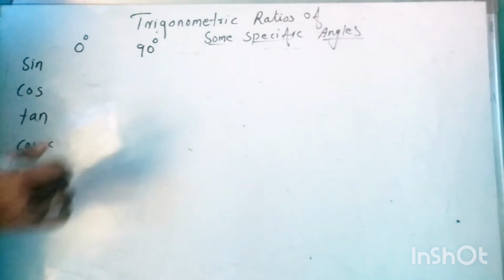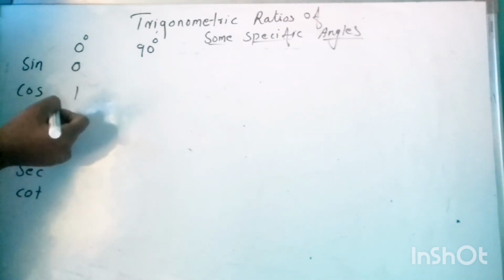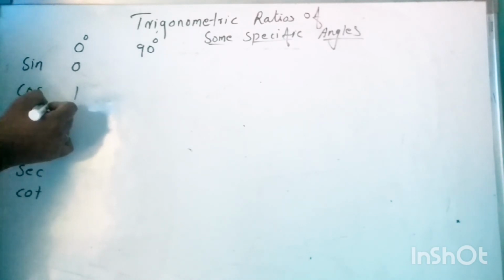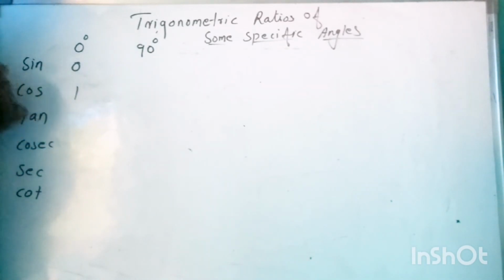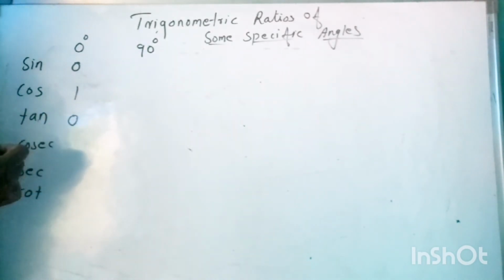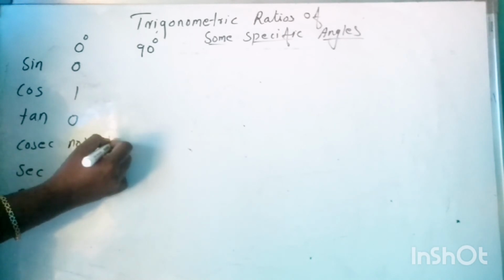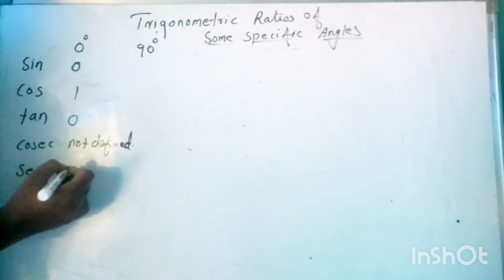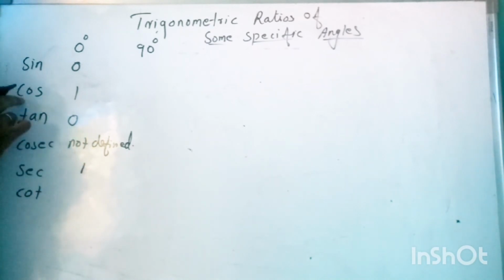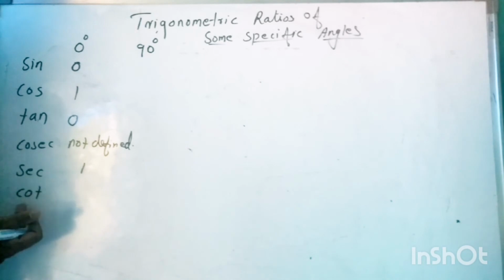Sine 0 is 0, cos 0 is 1, tan 0 is sine 0 by cos 0, that is 0. Cosec is the reciprocal of sine, 1 by 0, that is not defined. And sec 0 is the reciprocal of cos, 1 by 1, which we get as 1.